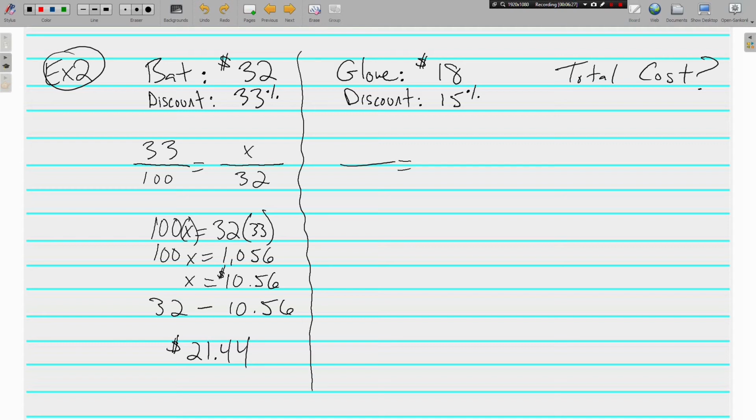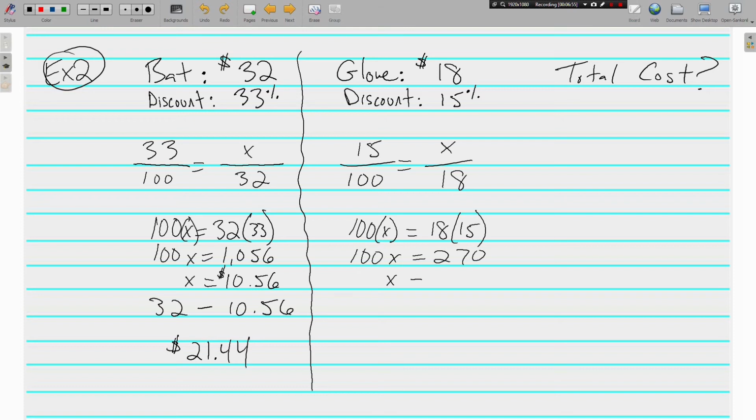Now I'm going to find the total cost of the glove. Same process, I'll use proportions again. 15% discount. We're looking for 15% of 18. Cross products, 100 times x is equal to 18 times 15. 100x is equal to 270.